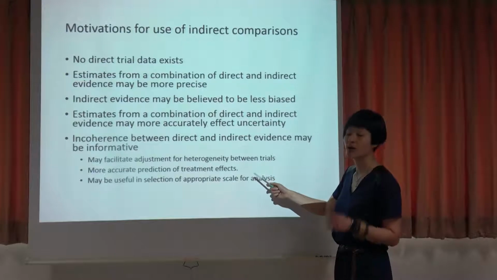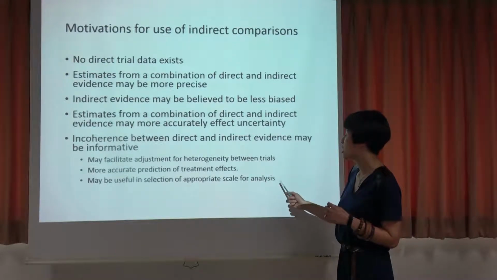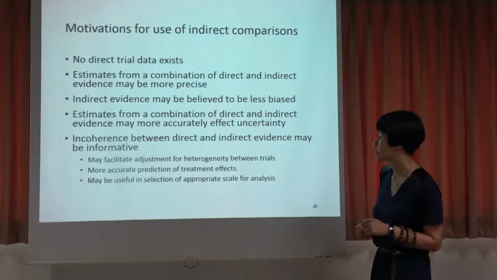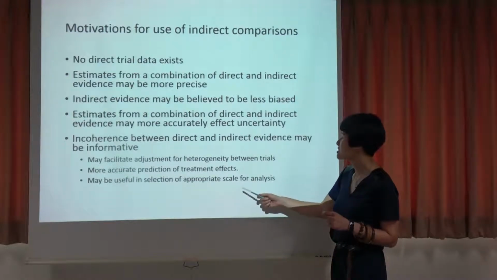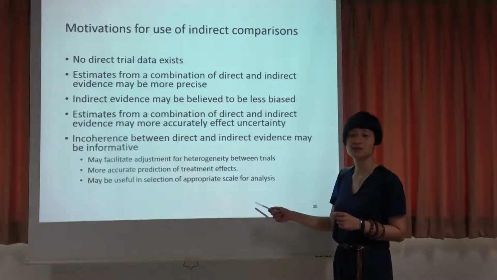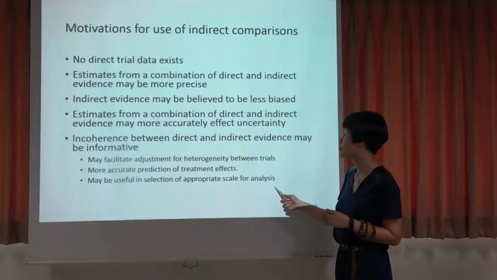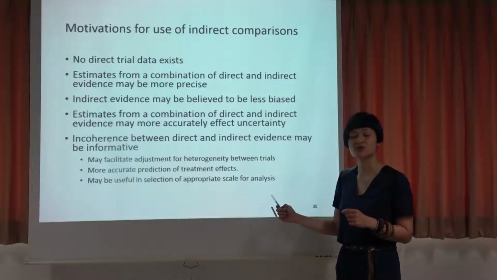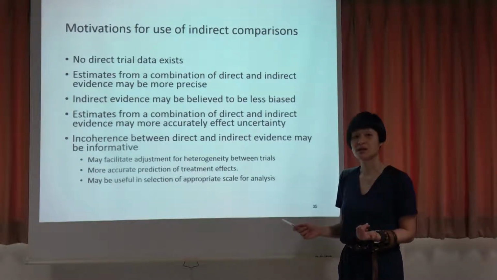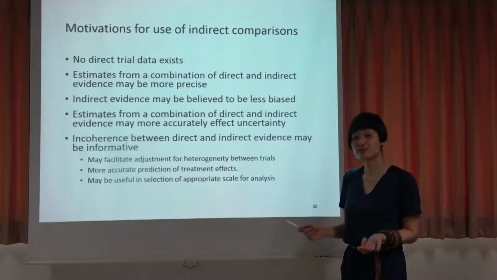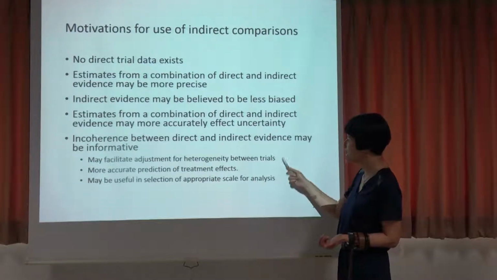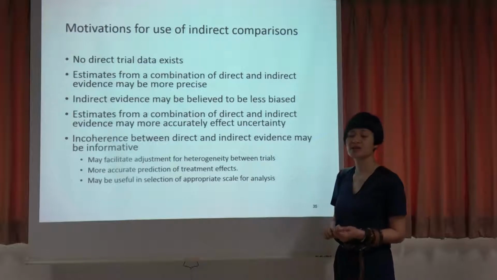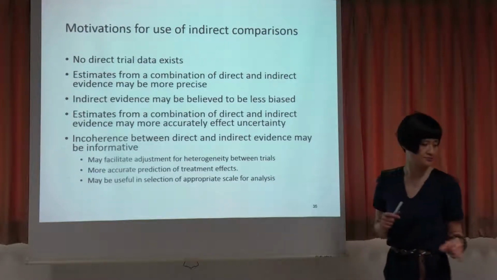There may be effect modifiers worth looking at. Also, the scale that you use for the analysis is important. Whether you choose to analyze your data on an odds ratio scale, relative risk scale, or risk difference scale may have an impact on the consistency of your results.